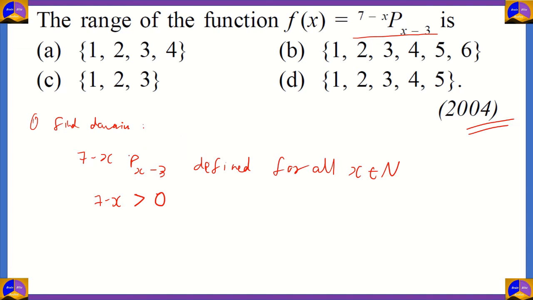So for example, if I have two pens, you can arrange them differently, but if I have no pens, then I cannot arrange anything. So therefore the top left corner of P does not have 0 at any cost. So 7-x is always greater than 0. So therefore 7 is always greater than x. That means x is always less than 7.